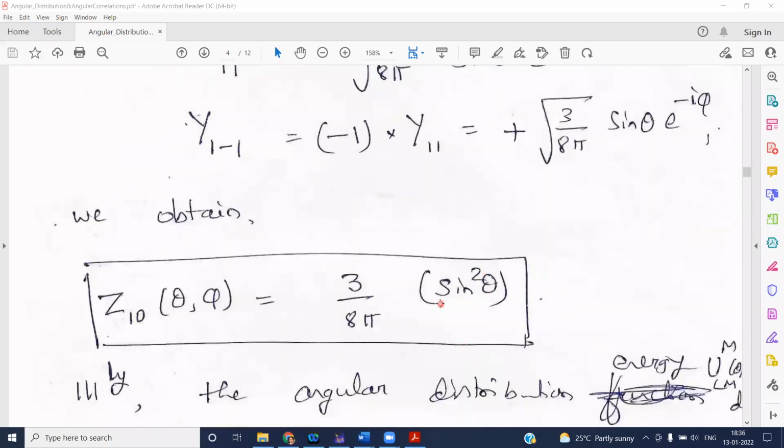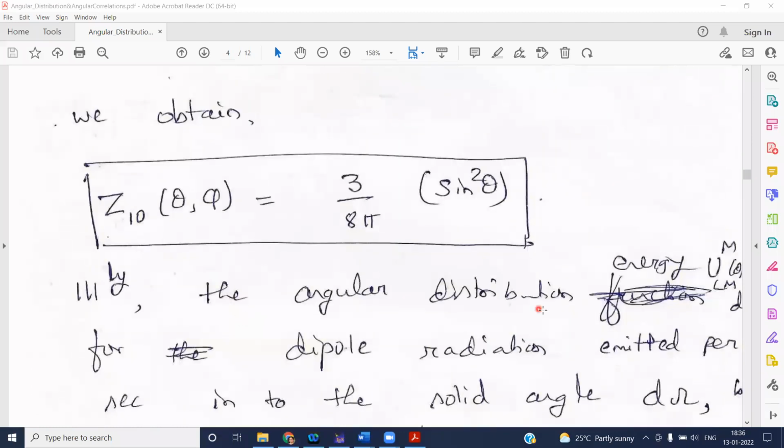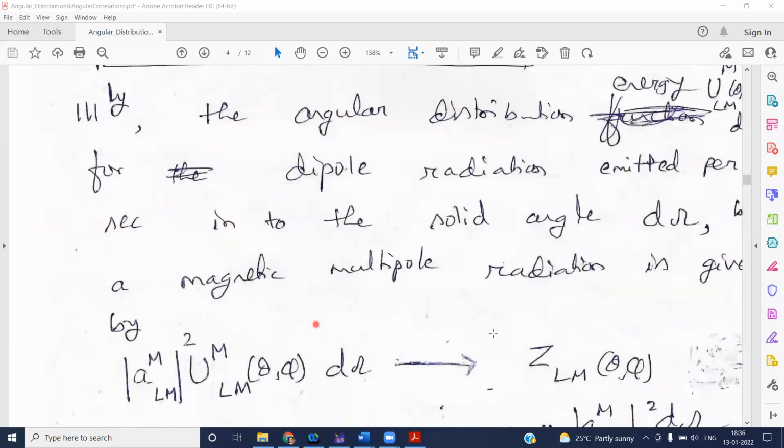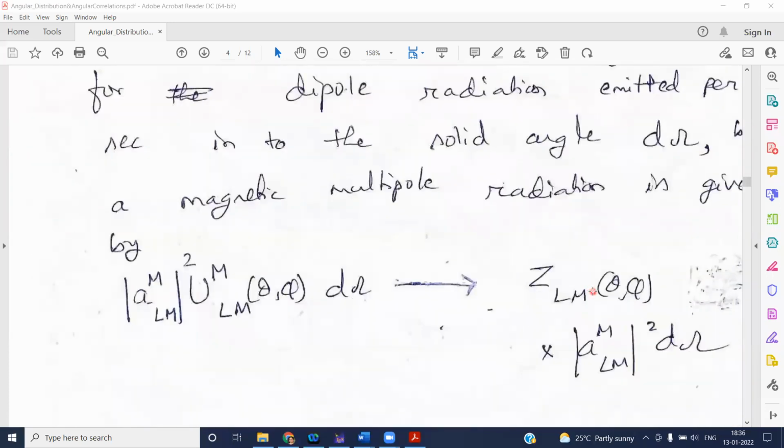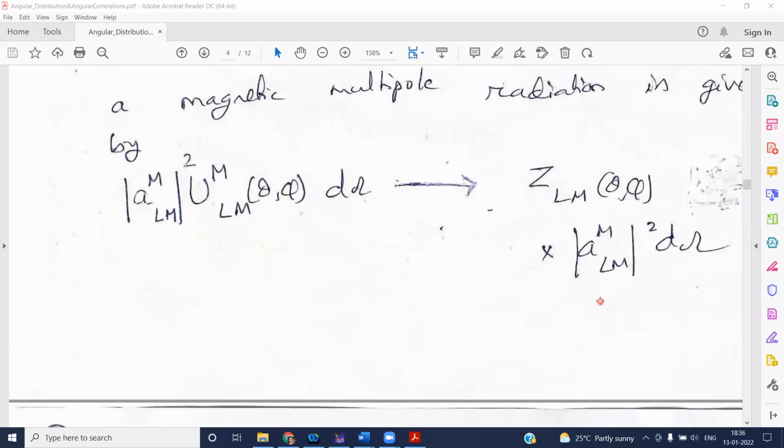It depends on the angle theta, and it doesn't depend on phi. Similarly, if I check the angular distribution of energy for magnetic multipole radiation also, it gives you the same result. That is what we obtain from our theory.